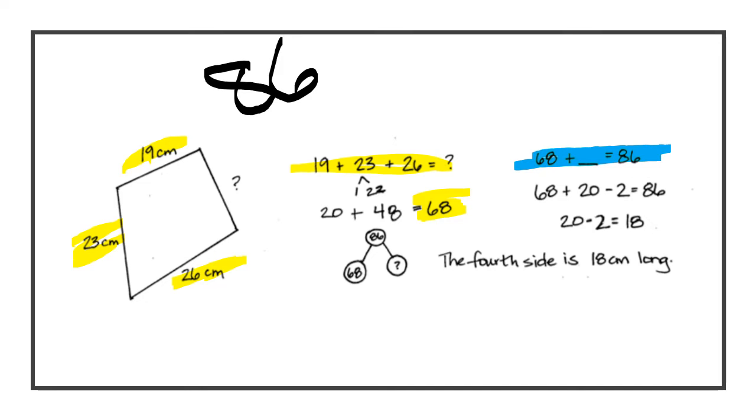So you could solve this in different ways. If you wanted to do vertical form, you could do that, chip model, whatever you would like to do. So you could have turned this into a subtraction problem and solved it like this.